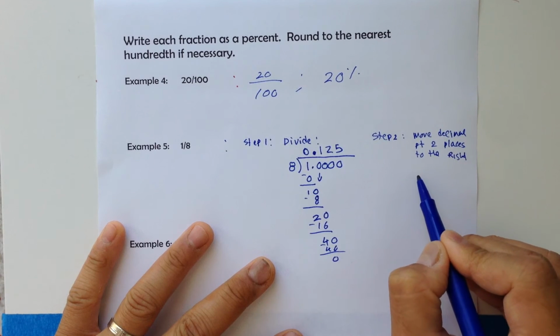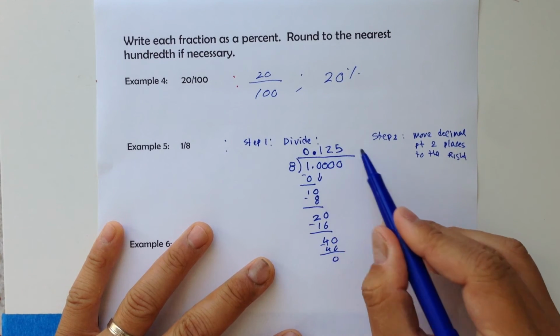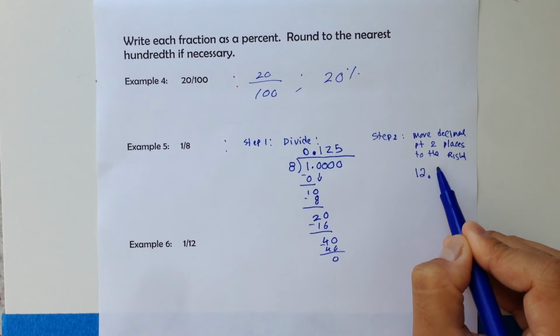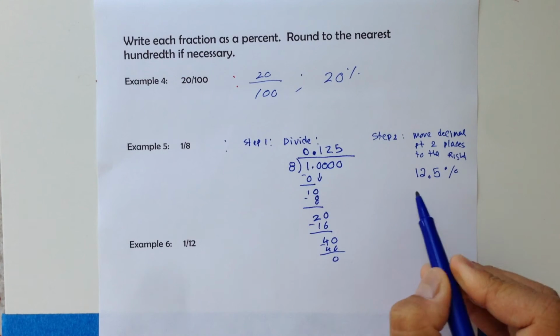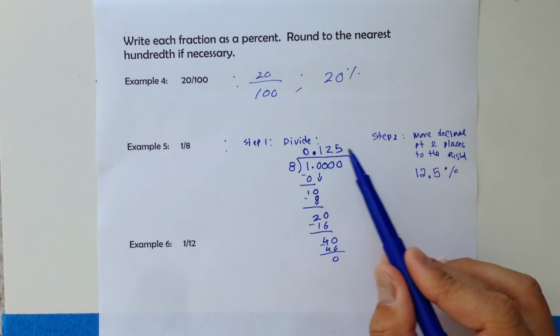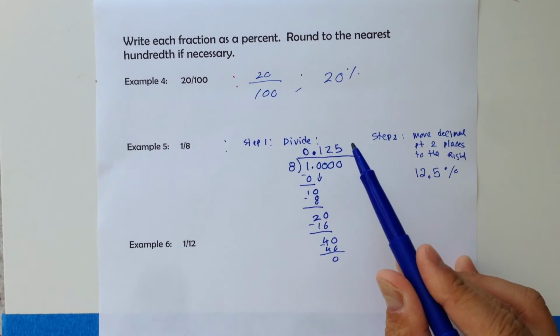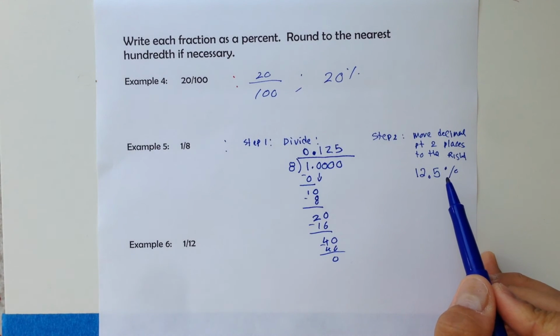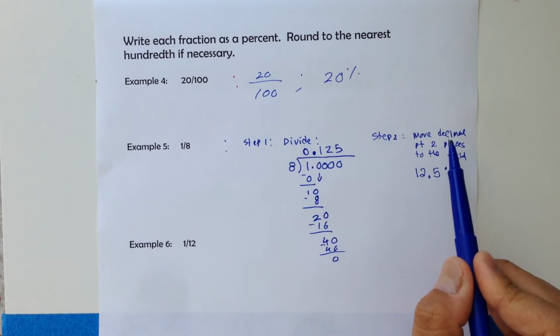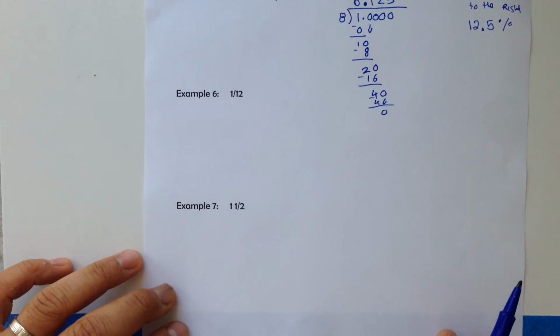So it was 0.125. Moving the decimal 2 places to the right becomes 12.5%. Now remember, we're able to do this because from the last lesson, this was a shortcut to move from decimal into percent. All right, and I know that you might need to review the first lesson to comprehend that.